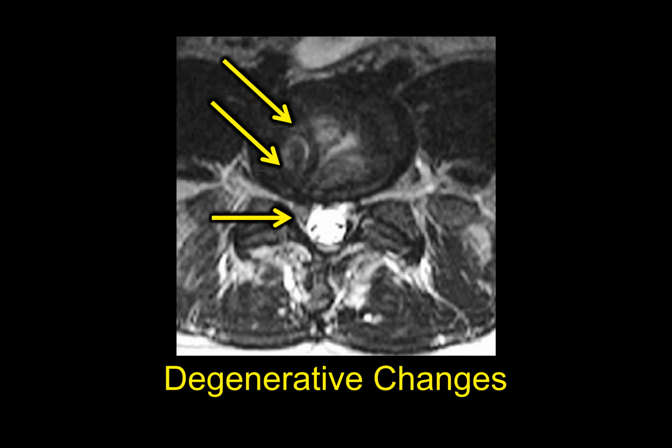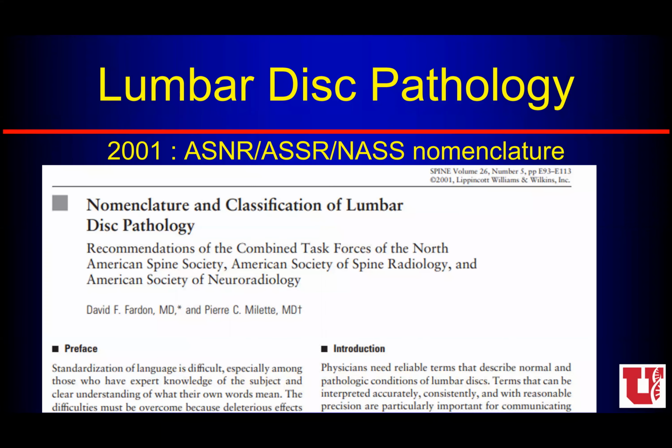Now, when we talk about all these degenerative changes and discs and bulges and herniations, we want to try to be using the same nomenclature as everybody else. So in 2001, there was a large collaboration that discussed the nomenclature and classification of lumbar disc pathology, mostly led by the ASNR, the ASSR, and NASS, the North American Spine Society, to talk about the exact words we should use to describe all of this.